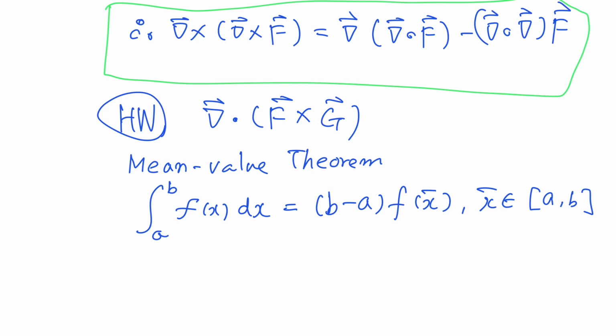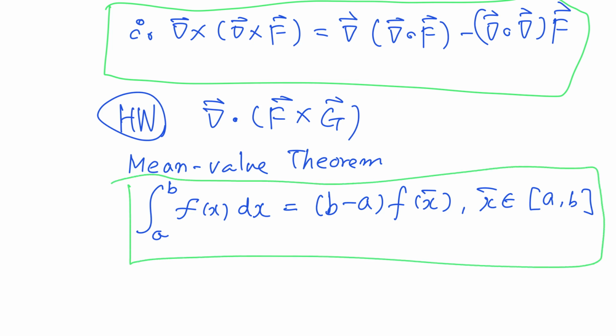So the mean value theorem says you can approximate the integral by this formula. And this is going to be very useful in deriving the integral properties of the divergence and the curl.